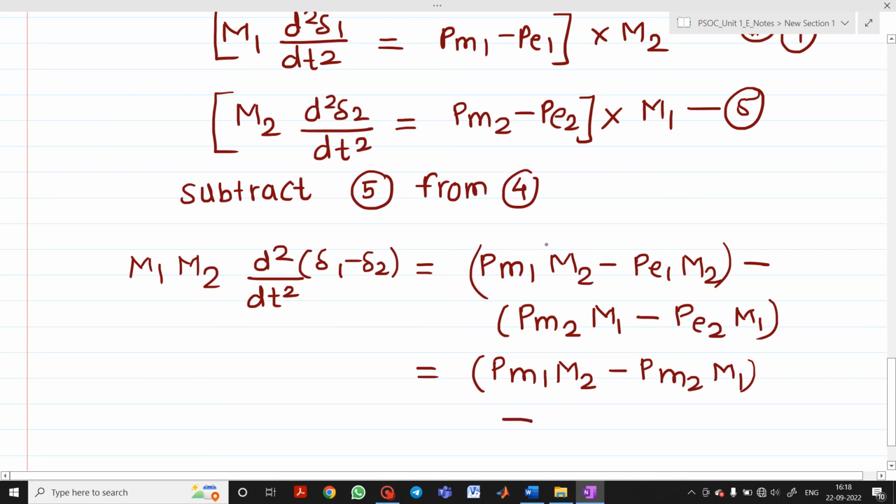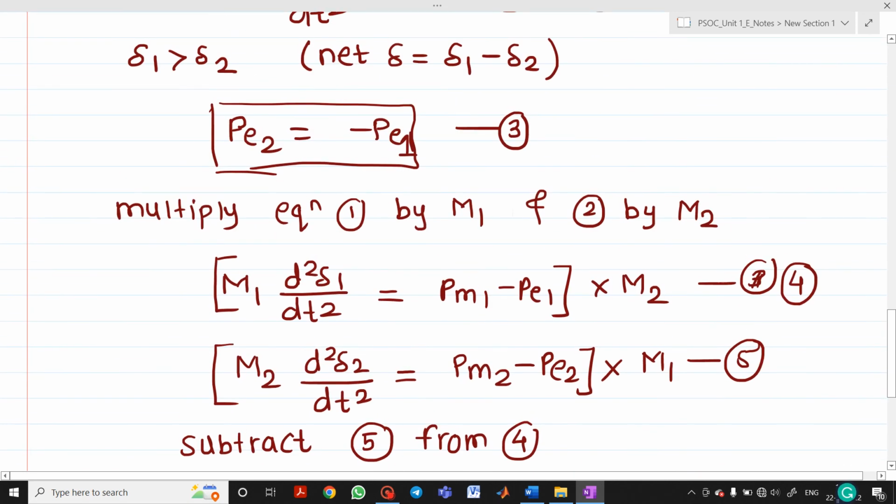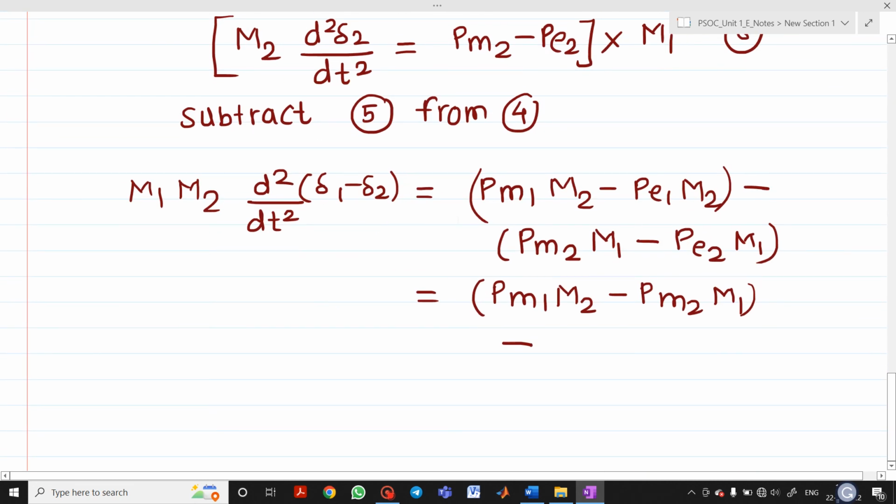Now here, in equation number 3 we already discussed, PE2 will be equal to minus PE1. So I will put it here. This PE1 and this PE1, can I take common? So I will take minus common. You will get PE1, and what is your answer here? It is M1 plus M2.